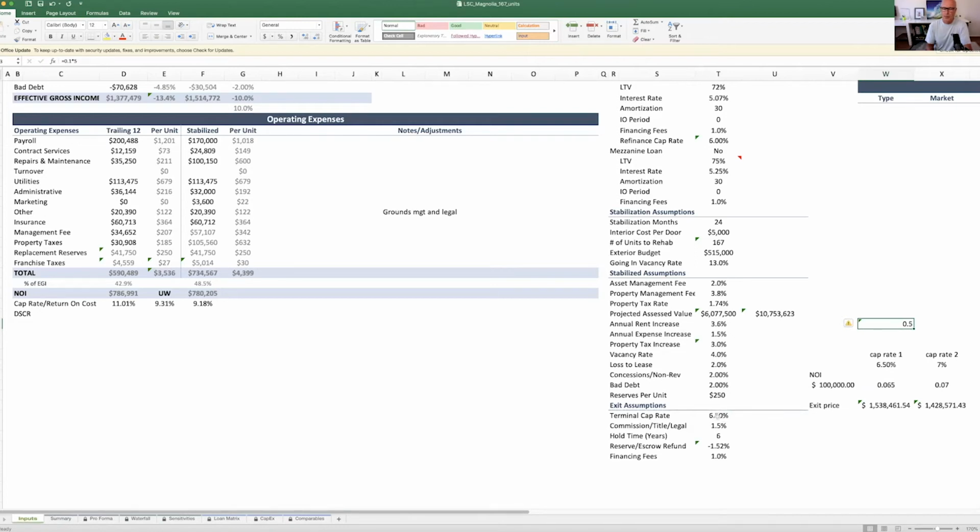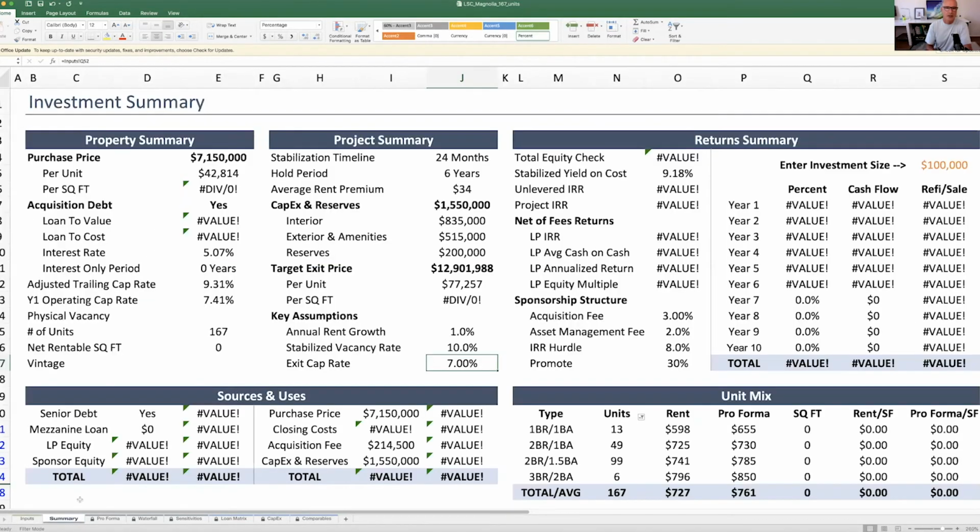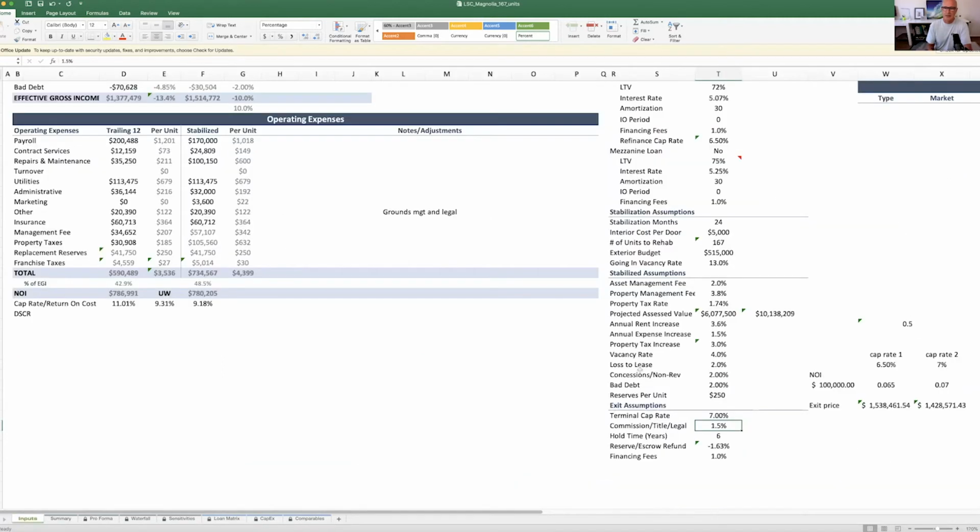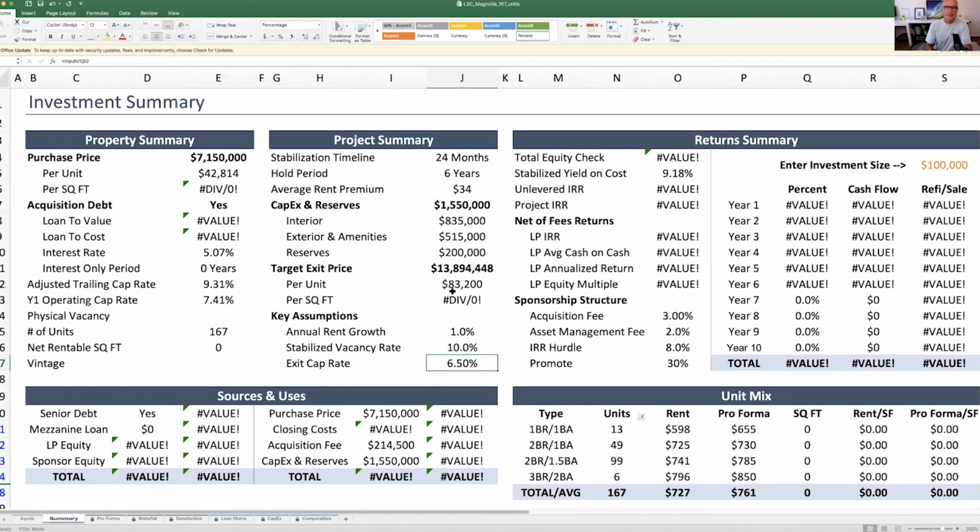There are more complex methods of doing so, but you do want to check with your operator and find out what that prevailing cap rate is. So here we go. We've added in that 0.5%, and we are back down to 12.9 as a targeted exit price. And the beautiful thing is, if cap rates do not rise and they actually remain the same, that value is going to jump by $1 million.